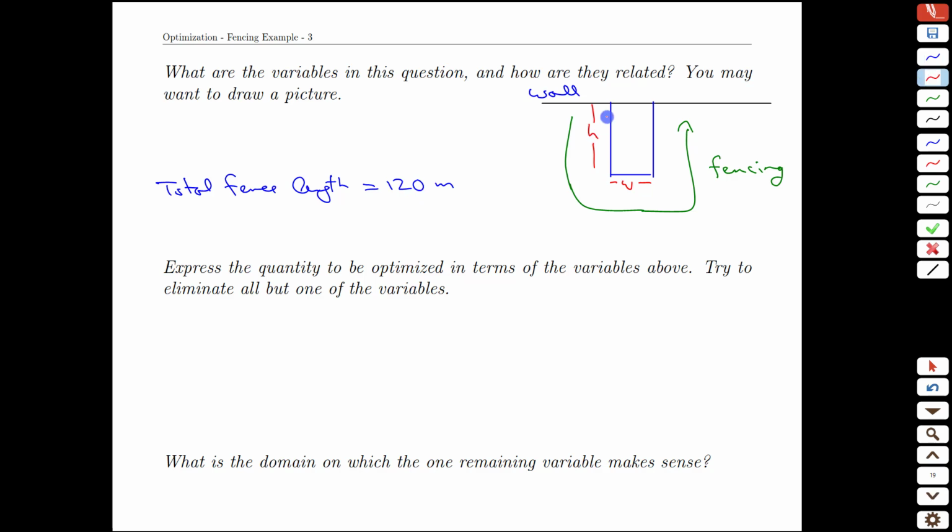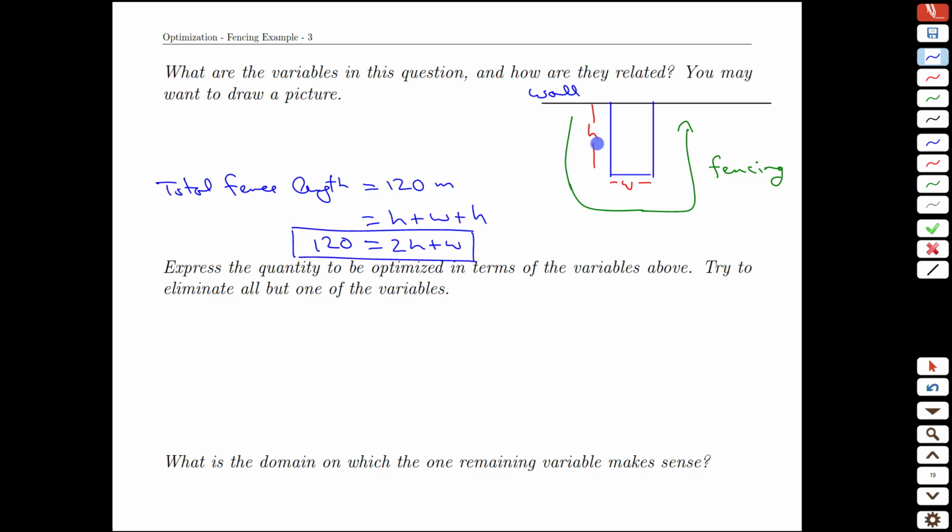And that's going to be made up of 1h plus 1 width plus another h on the far side, or 2h plus w. And that's one relationship between the variables.